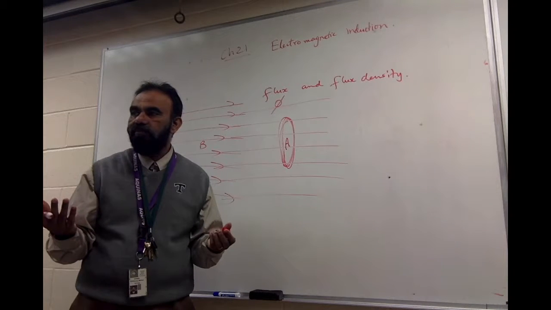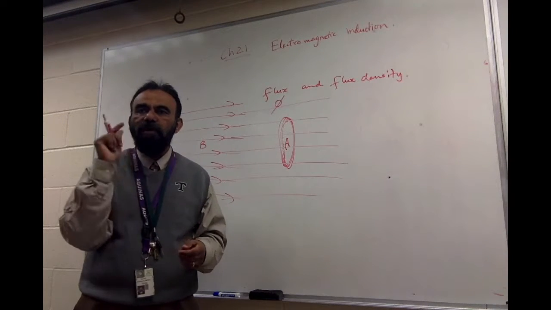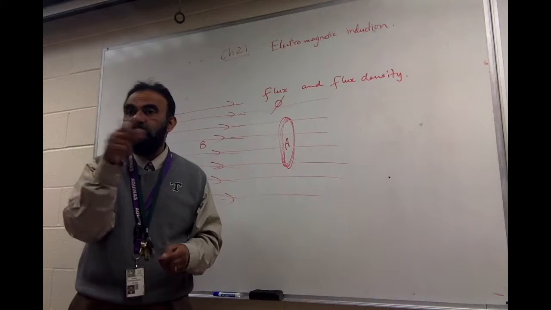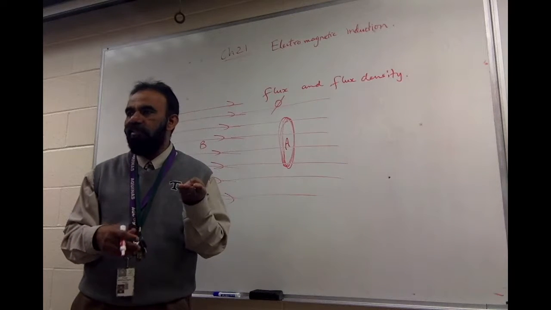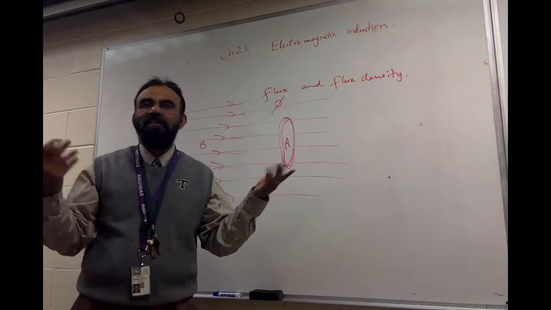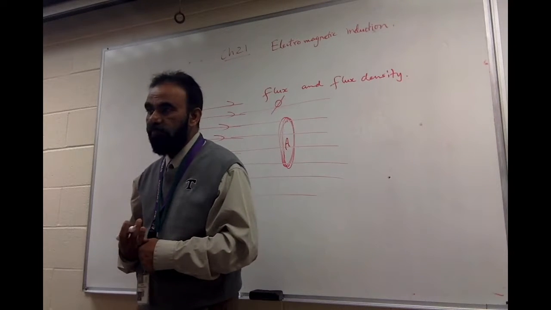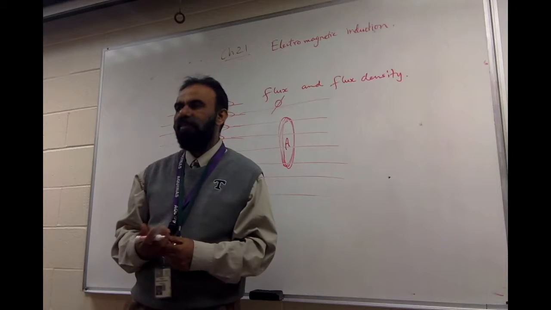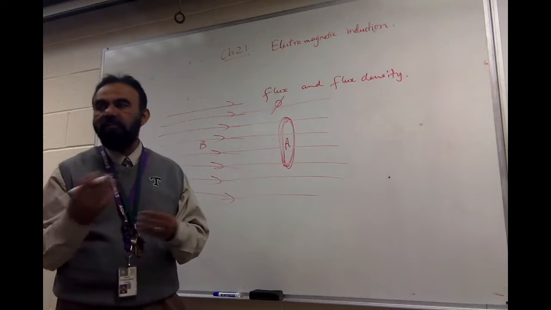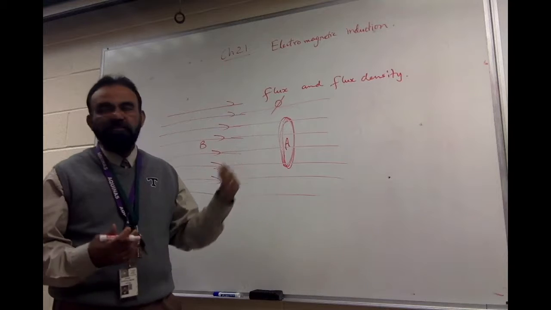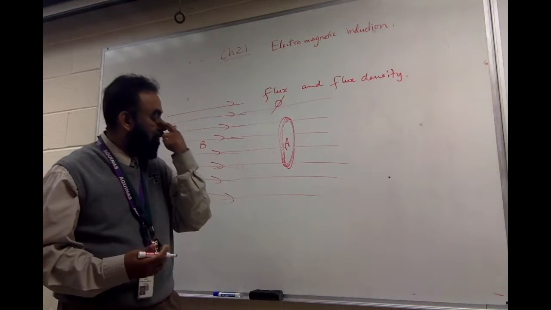Make sense? You're having all the loops connected in series, and you're getting more flux linkage. We call it flux linkage. So flux is just how many field lines pass through? Sort of, yeah. That's the connection between flux and the field.